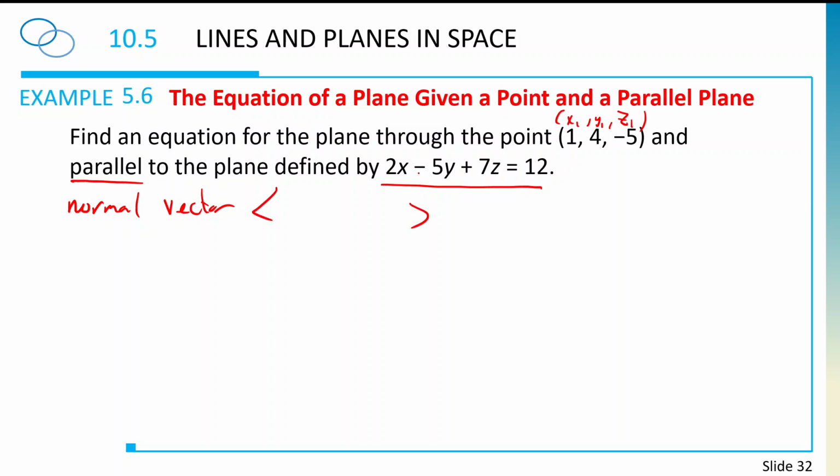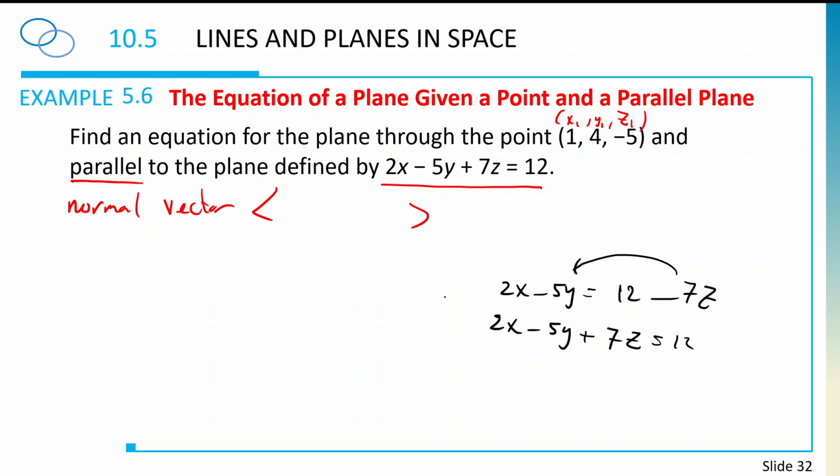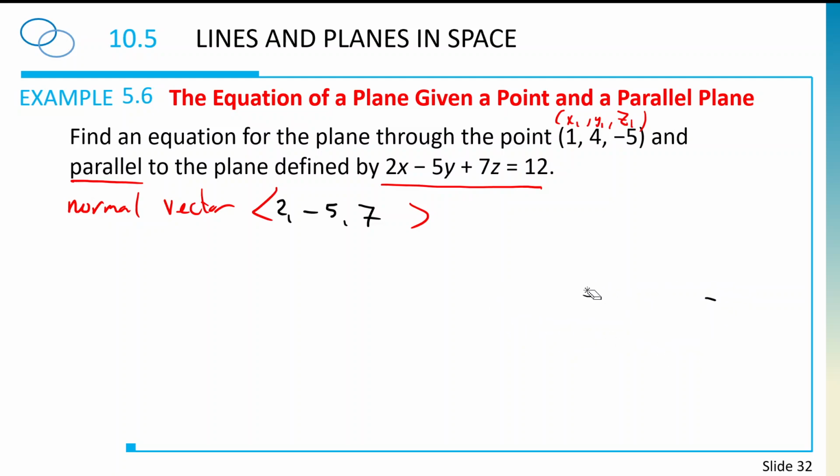Remember, we take the coefficients for x, y, z, but under one condition: you need x, y, z all to be on one side altogether. So let's say if I give you the question like this, assume I need just to trick you. You have to send this to the other side before you use it directly. So they should all be on the same side. So now the normal vector should be 2, -5, 7. Okay, perfect. Now this normal vector will be normal on our plane.